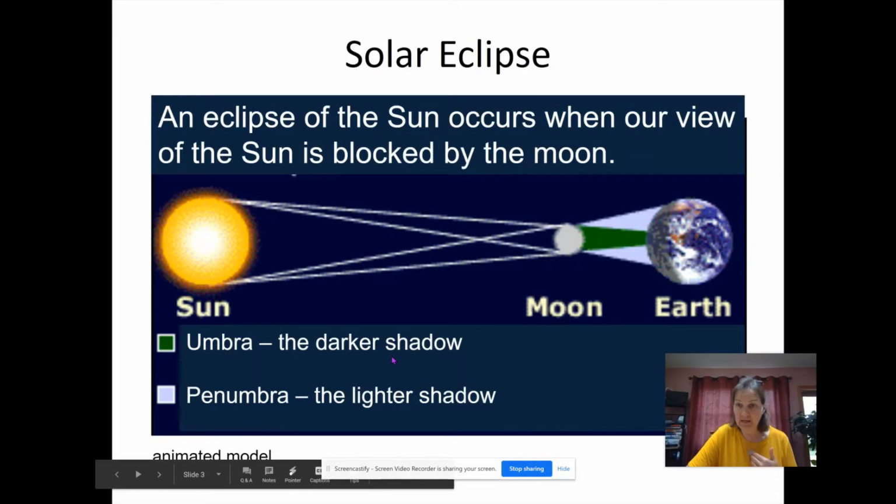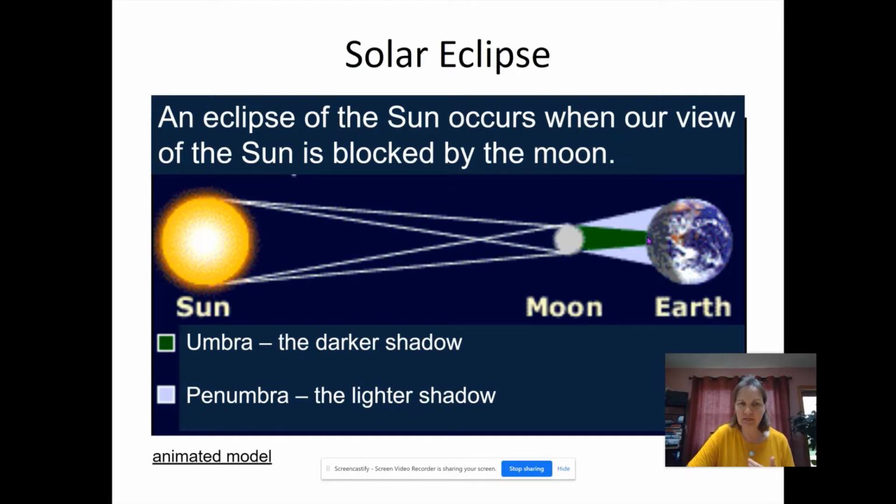Now think of the opposite of that, a shadow, where there's a really dark shadow because no light's getting through, that's your umbra. But then there's what we call a lighter shadow, because a little bit of light comes through, but yet much of the light is being blocked. That's the penumbra.